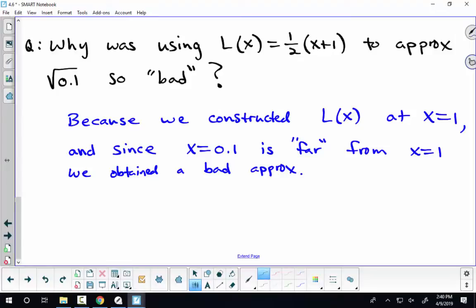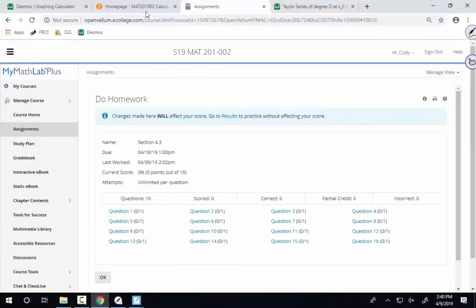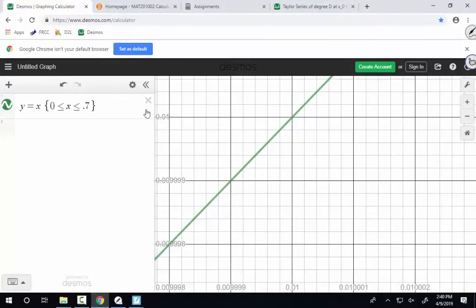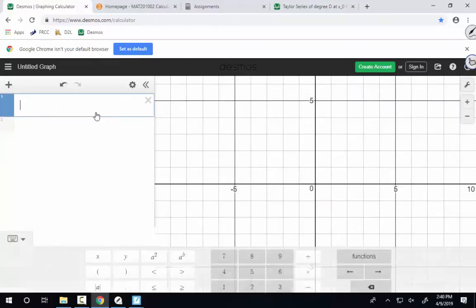So let's look at that visually, just to give us a sense of utilizing that linear approximation for 1.1 versus 0.1.